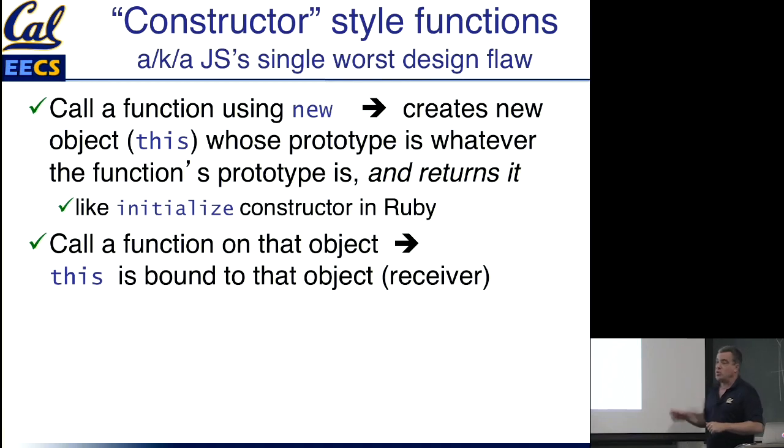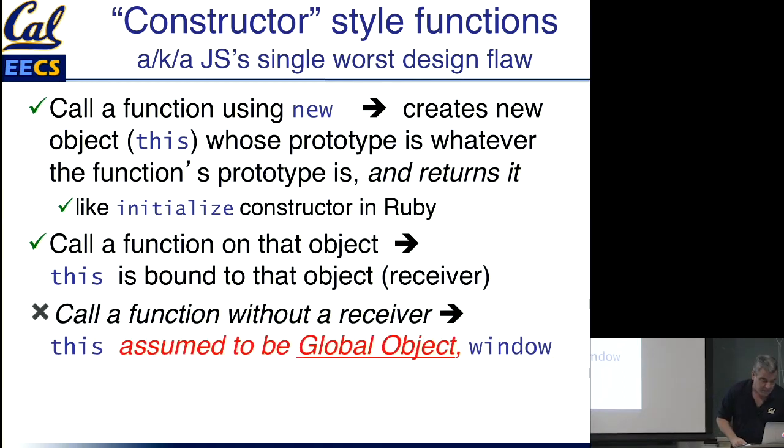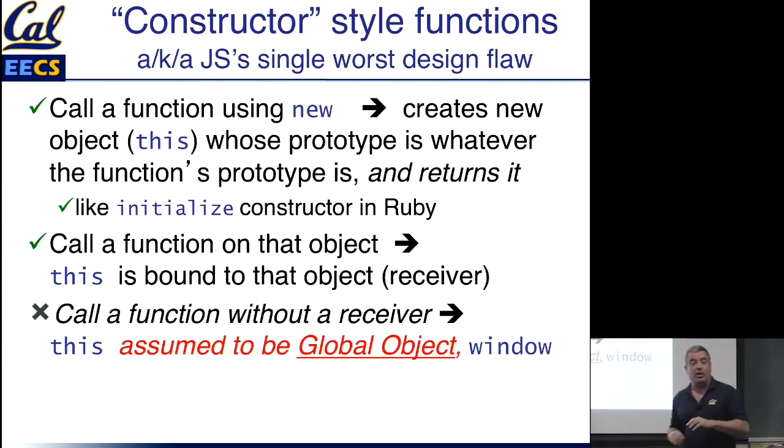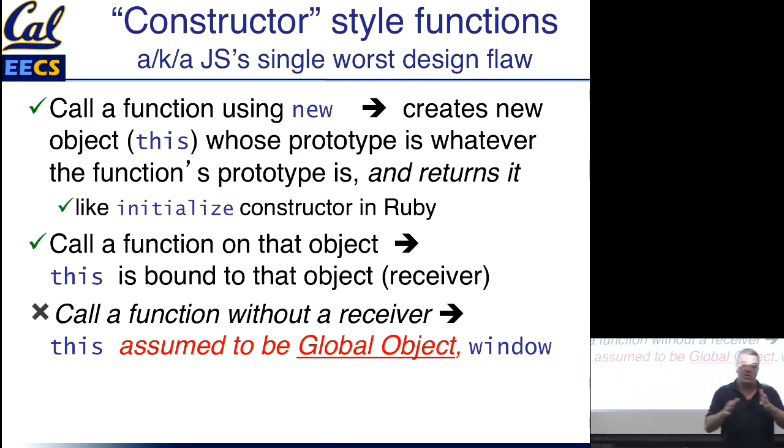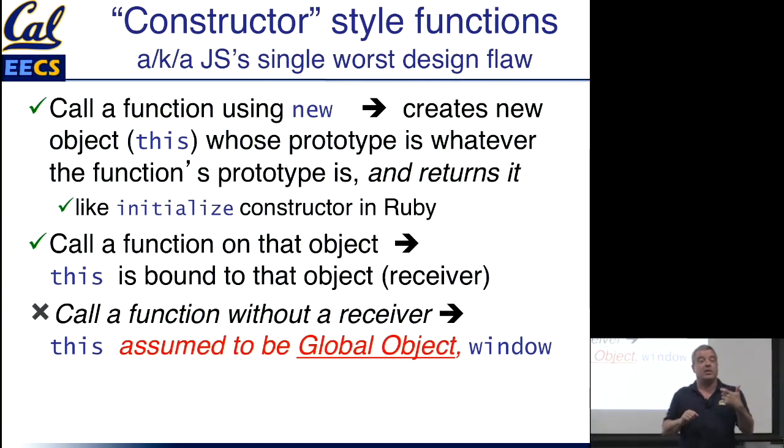This refers to the specific JavaScript object that received the call. If you call a function without a receiver, so if you see a function call that doesn't have an explicit receiver on it, just like in Ruby, if there's no receiver, the receiver is assumed to be self, and then you have to figure out, okay, well, what is self bound to in that context?